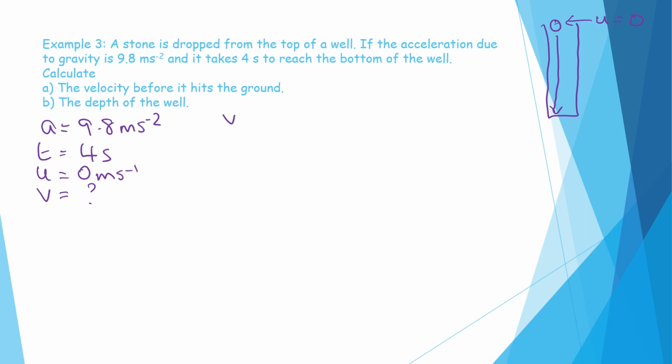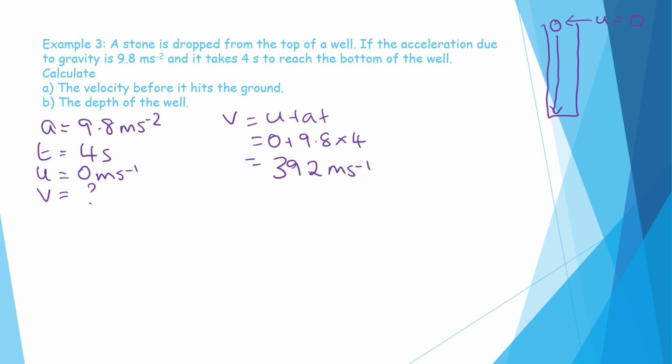So we go v equals u plus at. The initial velocity was 0 plus 9.8 times 4. And this comes out to be 39.2 meters per second.